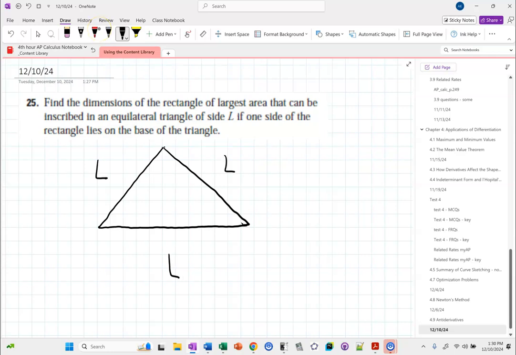So here's my equilateral triangle, right? And I know somewhere in here I have my rectangle, right? Paulo, does this feel okay? Yeah, I got that. Okay.